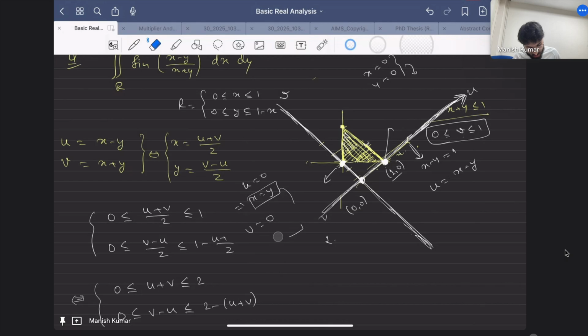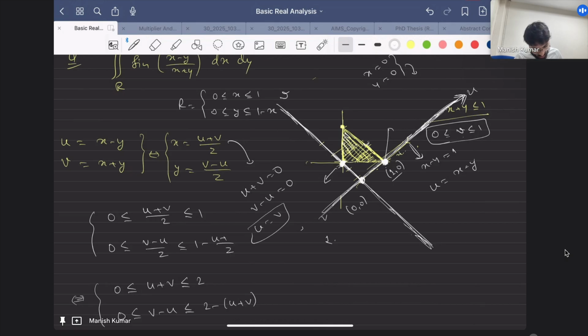So x equals to 0 will give me u plus v equals to 0, and y equals to 0 will give me v minus u equals to 0, right? But what will this give me? U equals to v, and this will give me u equals to 0. No, something is wrong. What error am I doing?